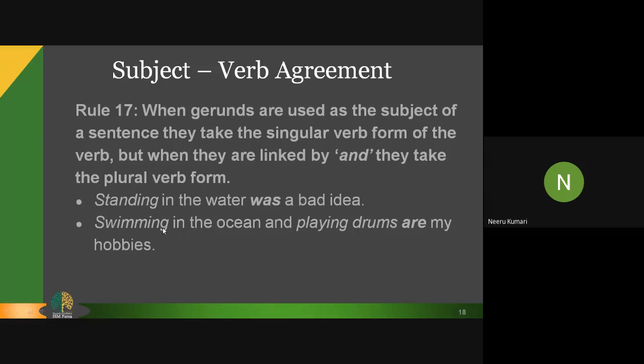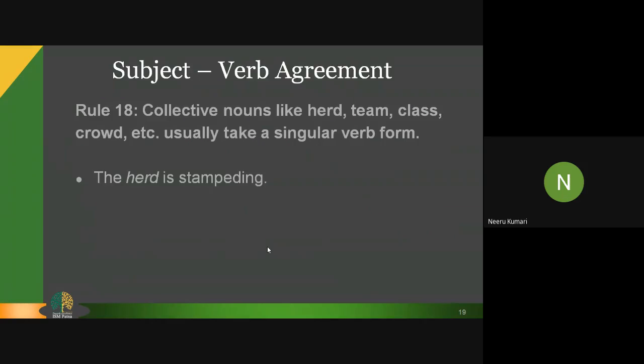Now you can write, swimming in the ocean is my hobby. Playing drums is my hobby. But when we are talking about the two different actions, swimming in the ocean and playing drums are my hobbies. I hope everybody could understand. All right, so keep this in your mind whenever we are talking about rule number 17.